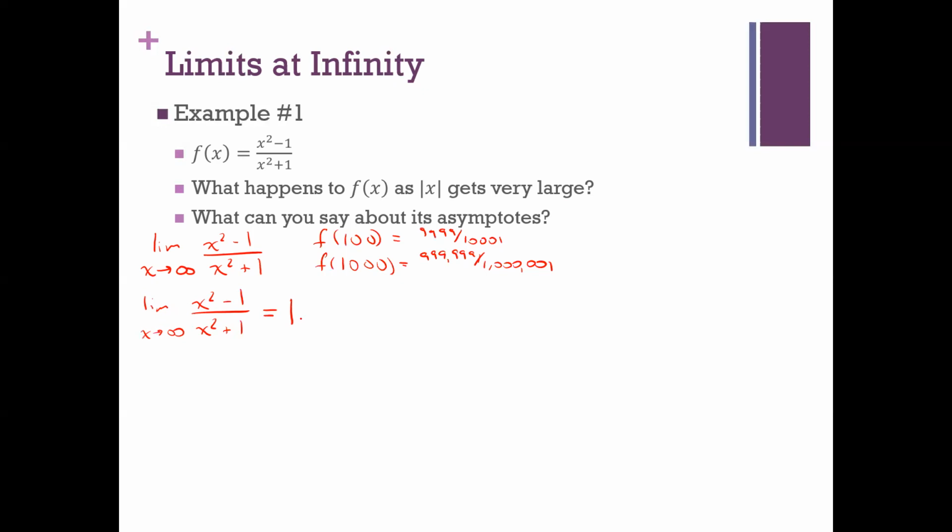As x gets really, really big, what effect is that -1 going to have on the rest of the numerator? It's going to be getting more and more negligible as x gets bigger, right? Same with the denominator. So as x gets bigger and bigger, the -1 and the +1 are going to get overwhelmed. So you're just trending towards x squared over x squared.